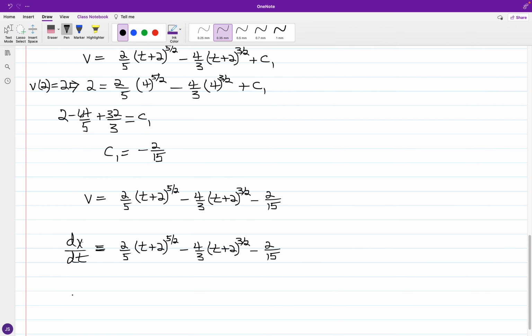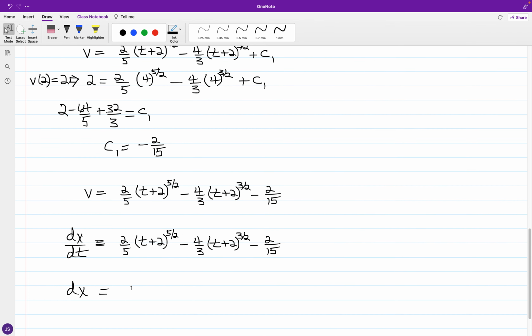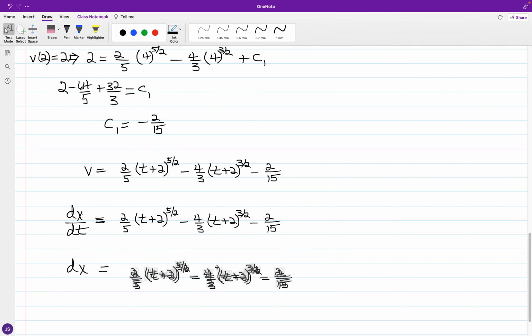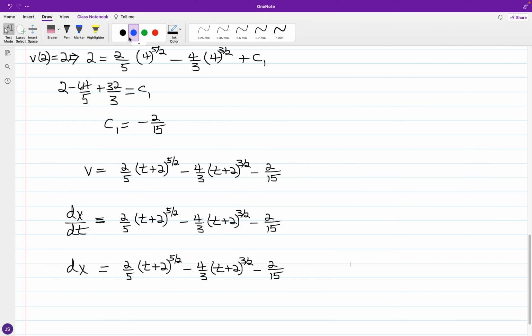We have dx is equal to our expression times dt, and upon separating the differentials, we can once again integrate.